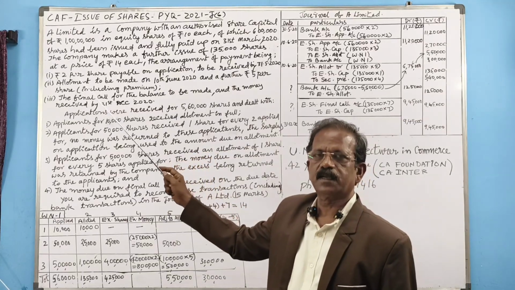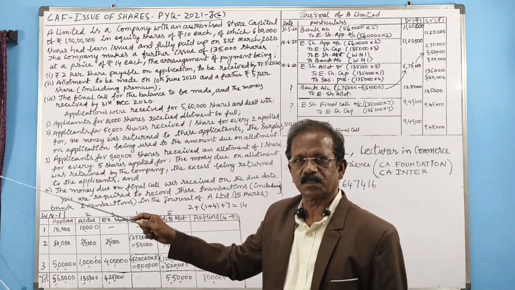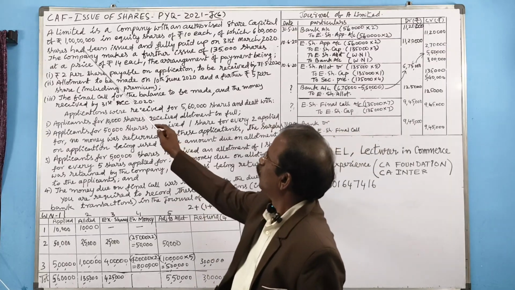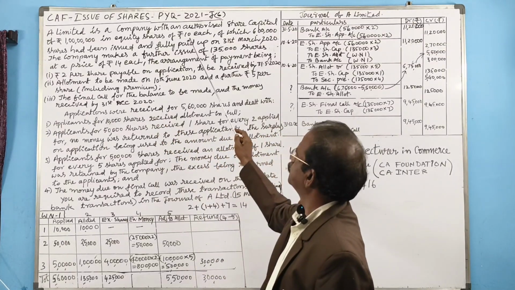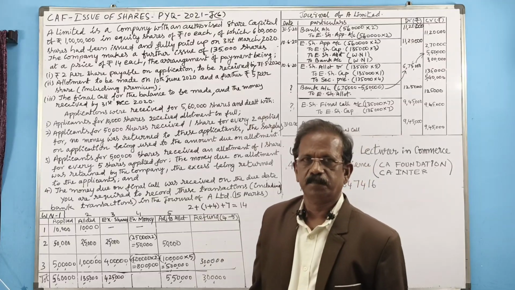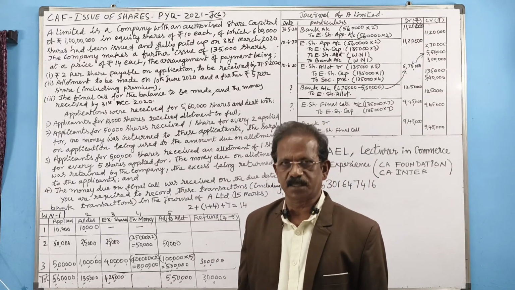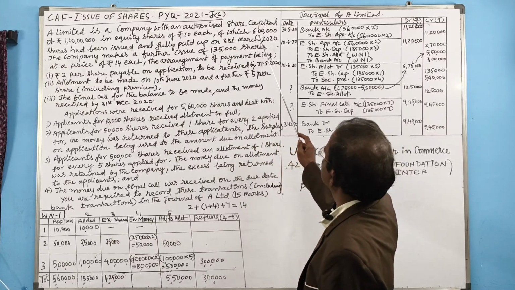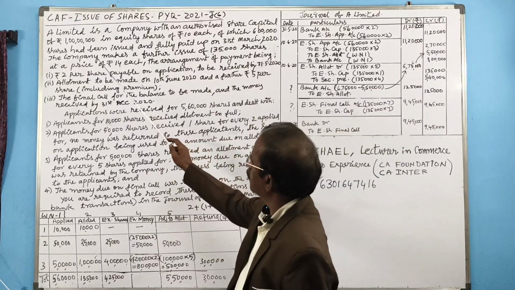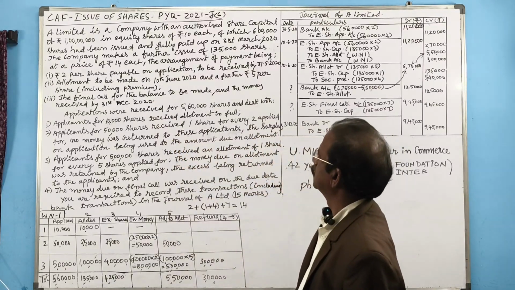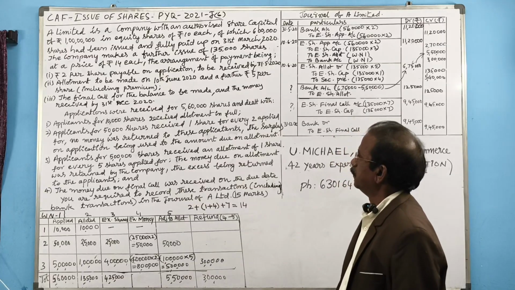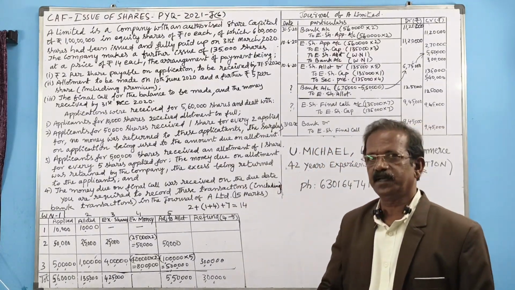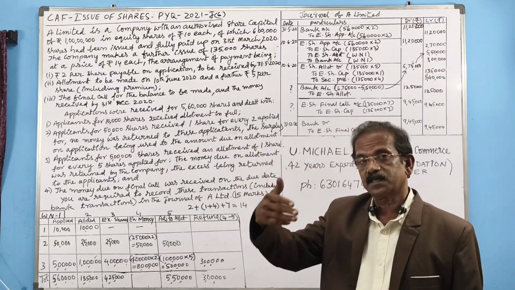Then you must calculate how many shares are there in the authorized capital. 1 crore divided by 10 rupees means 10 lakh shares are there in the authorized capital, of which 6 lakh shares had been issued. Already 6 lakh shares had been issued.